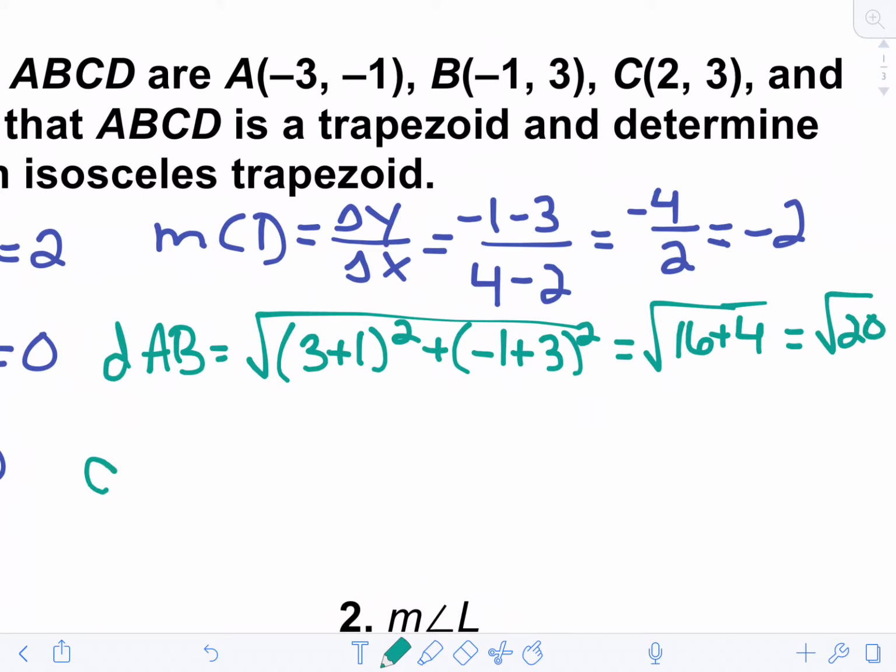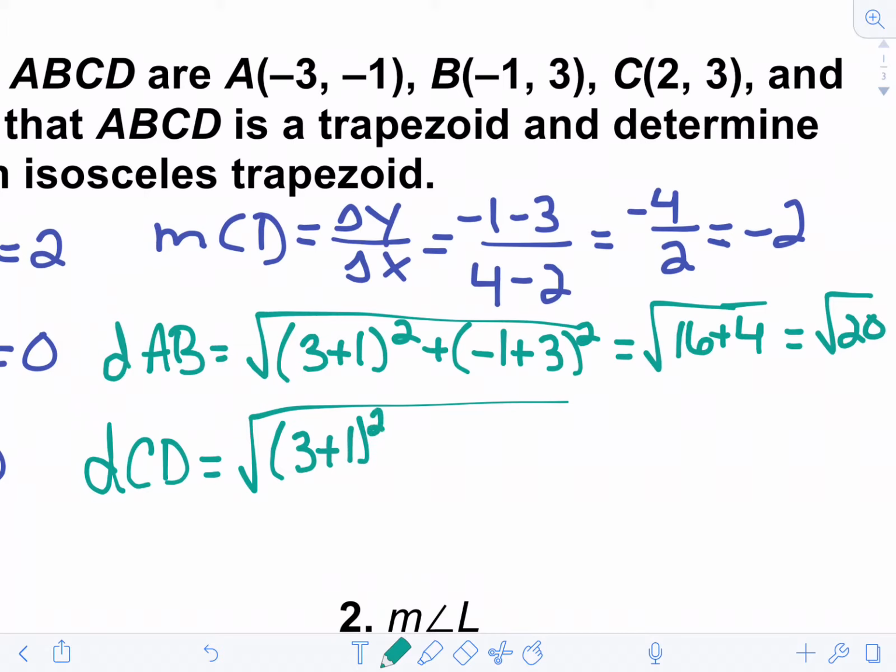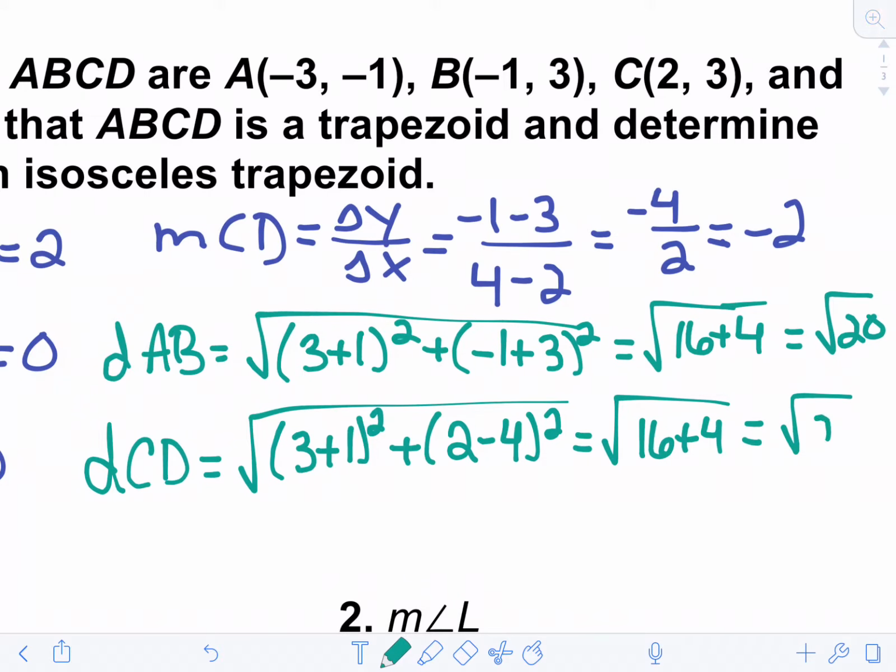So I need the distance of CD to be the square root of 20 in order for this to be an isosceles trapezoid. So again, 3 plus 1 squared plus 2 minus 4 squared. And again, it doesn't matter if you do the x's or the y's first. You'll get the same answer. So that will give me 16 and 4, which will give me 20.